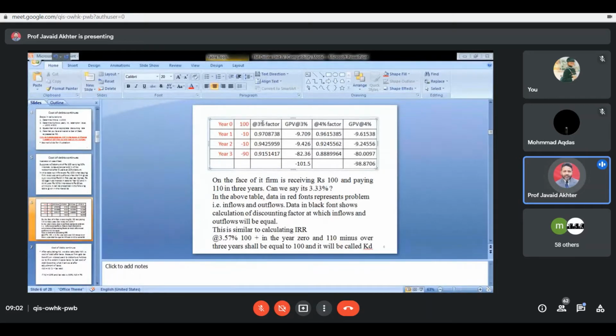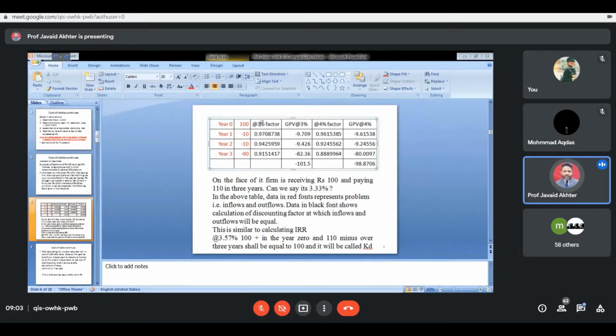How do we arrive at an approximate rate? We arrive at it using the cumulative value of the table. You remember? Apply that and you will arrive at a figure closer to 3 or 4.